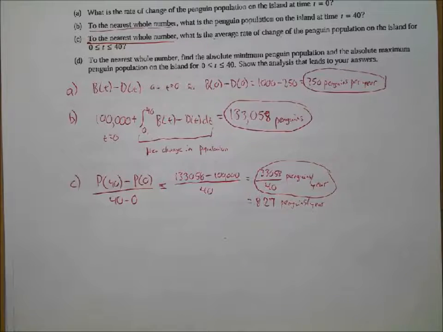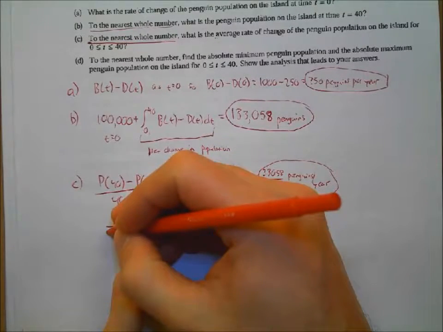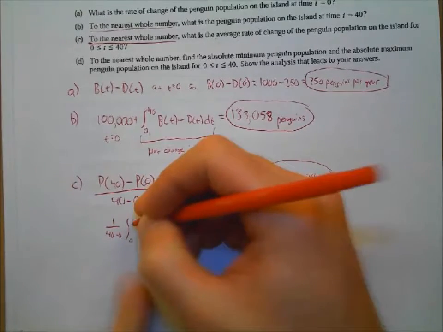One thing I do want to say though, Sean, you weren't wrong. We could use the other formula here, the average value formula, okay? But if we're trying to find the average rate of change, that means we would apply the average value formula to the rate of change of the population. So in other words, the alternative here would be 1 over b minus a, integral from a to b, of the rate of change of the population.